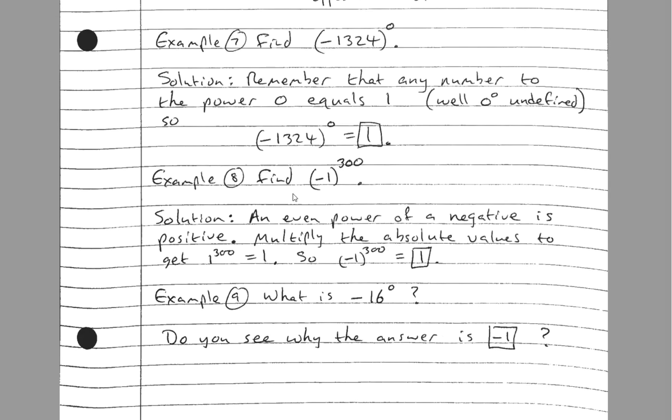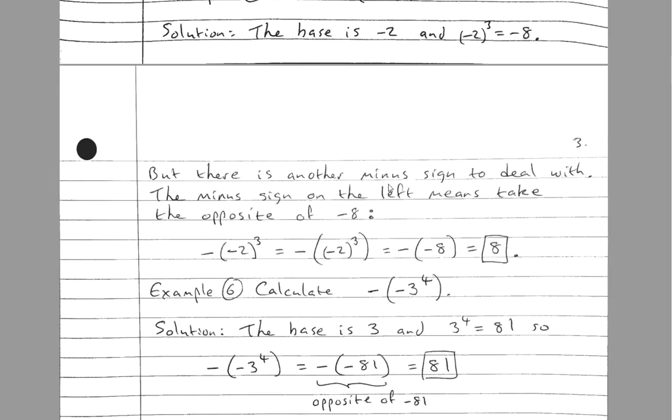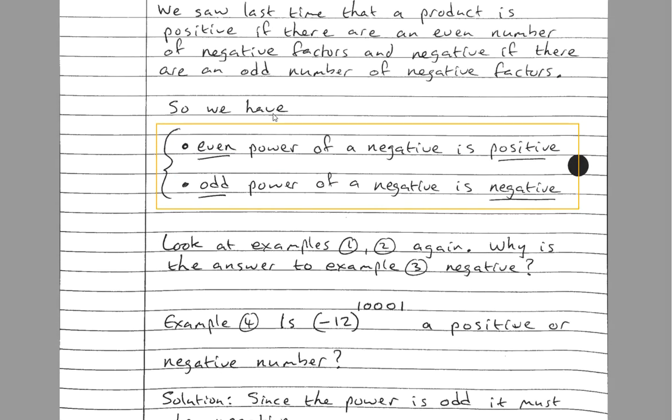Okay, I think just a couple more examples. Here we have negative 1 to the power 300. Okay, so for this we can go back to our rule. Don't forget, an even power of a negative number is positive, an odd power of a negative is negative.